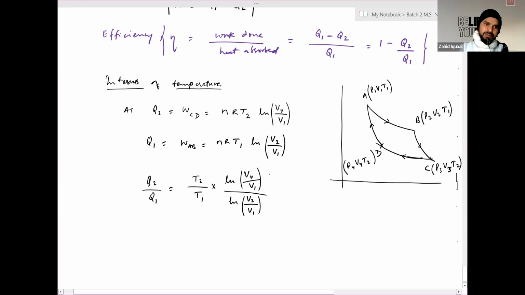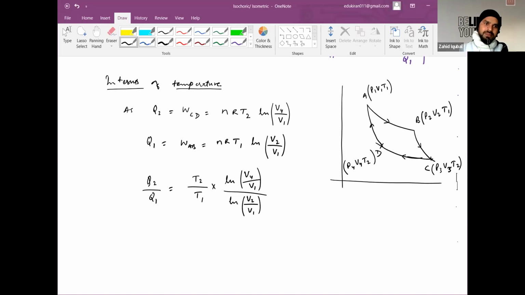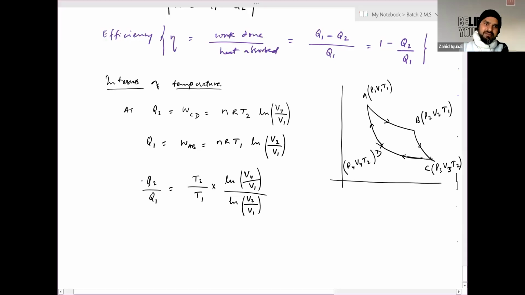Now, according to sign convention, Q2 is heat being ejected out from the system, so it will be taken as negative. Q1 is heat supplied to the system, so it will be positive.